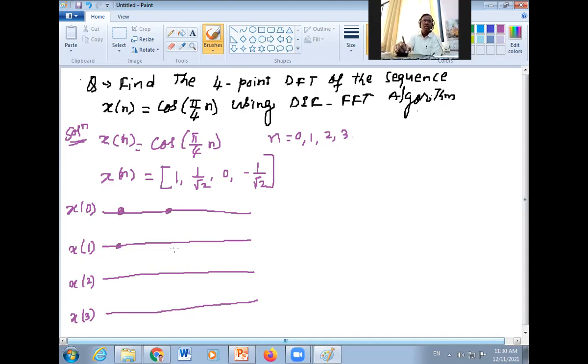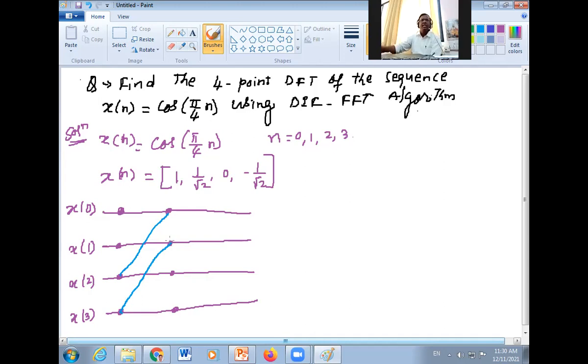This is what we can call the first stage computation, as it is a 4-point value. So we have a computation of 4-point and 2-point. Let me change the color for better understanding. This is how we perform the computation.